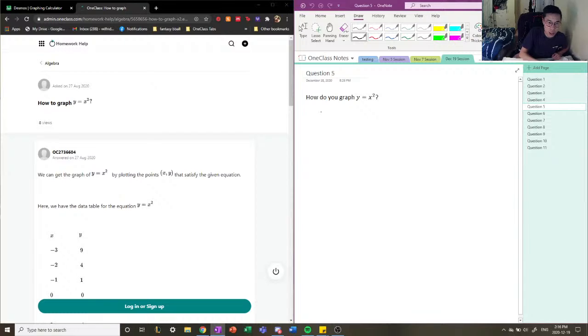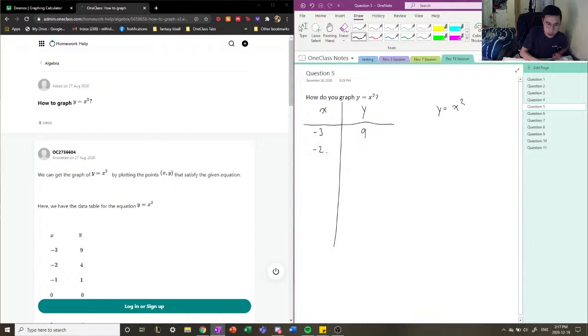Let's make a table first, with x and y, where our function is f of x, or y equals x squared. We plug in some values of x and calculate y. If we plug in -3, the square of -3 is 9.